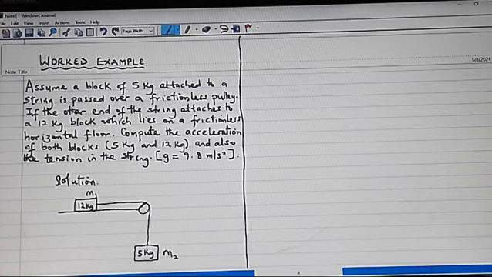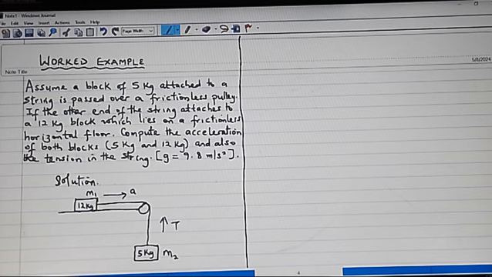Now, since this is a pulley system, if you are pulling it down, it means the acceleration of this block M1 will be to your right. Of course, our tension of M2, that's the tension of the rope pulling up, is this.